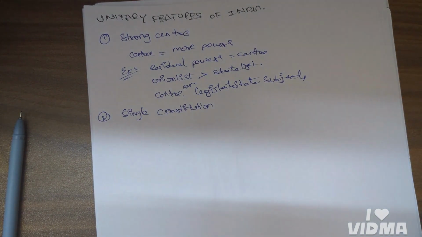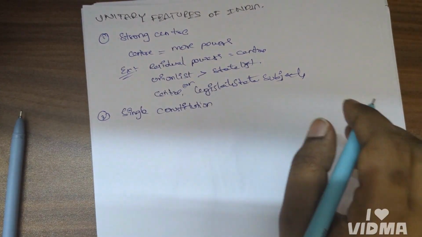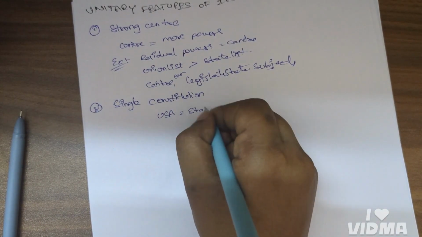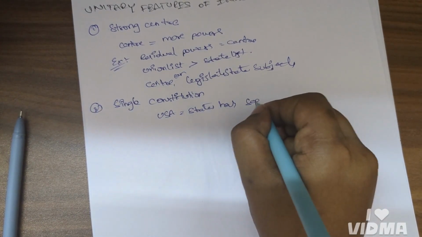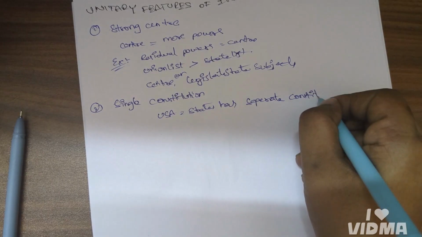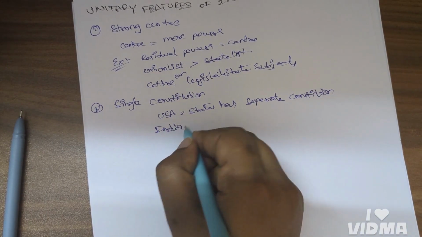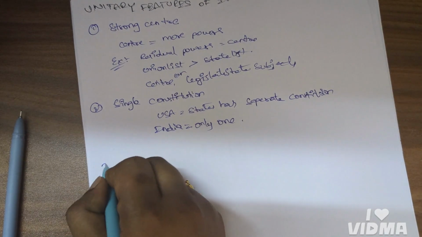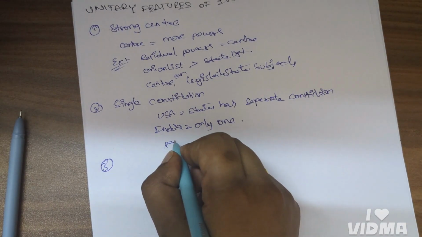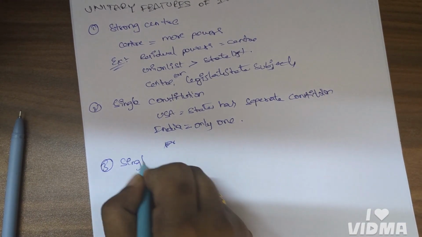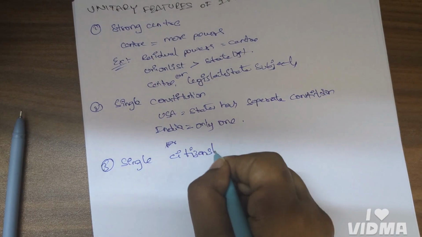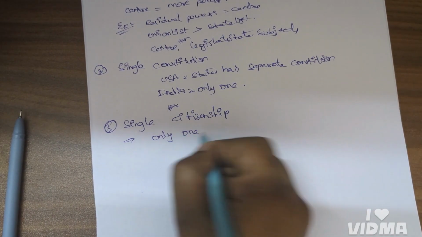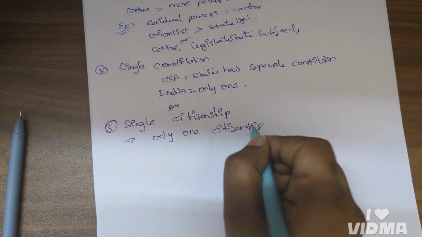Unlike USA, where every state has a separate constitution, India has only one constitution for the whole country. Next feature is single citizenship. In India, there is only one Indian citizenship. There is no state citizenship. This promotes unity.